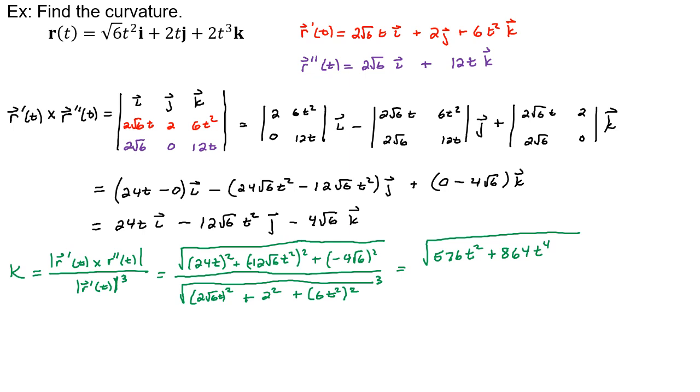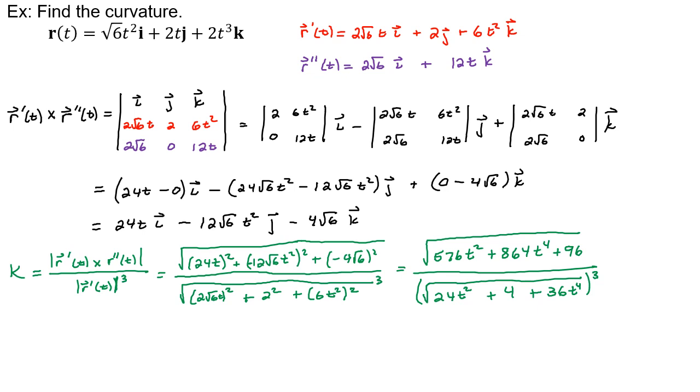And then again, the root 6 squared would be 6. 4 squared is 16, so you get 16 times 6, which is 96. All divided by, on the bottom, this one's a little bit easier. 2 squared is 4 times 6 is 24, so I get 24t squared plus a 4 plus 36t to the 4th. And this whole bottom is cubed.